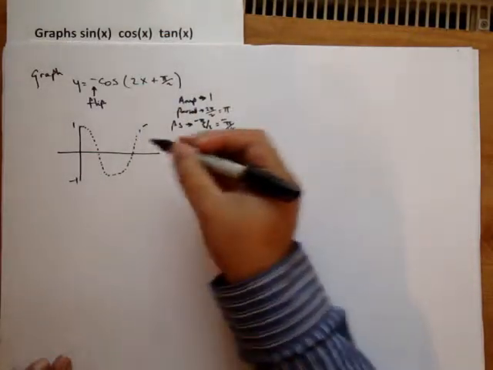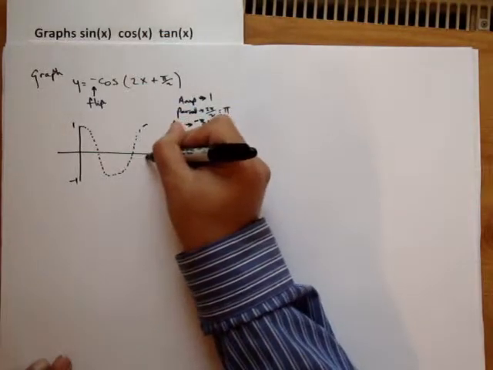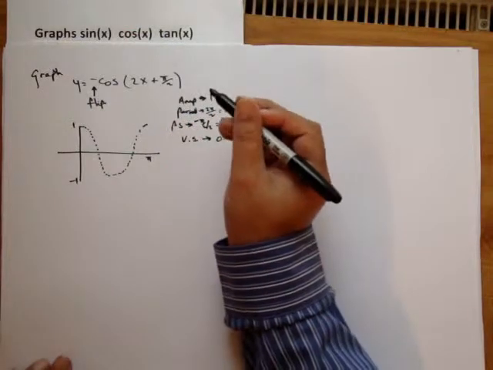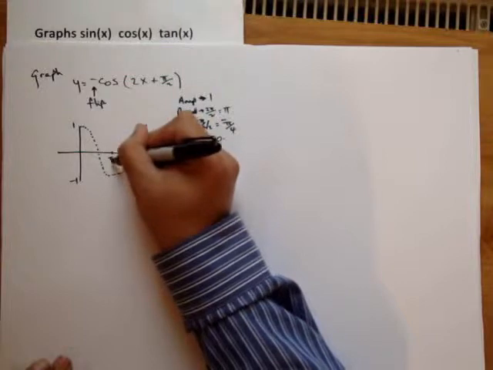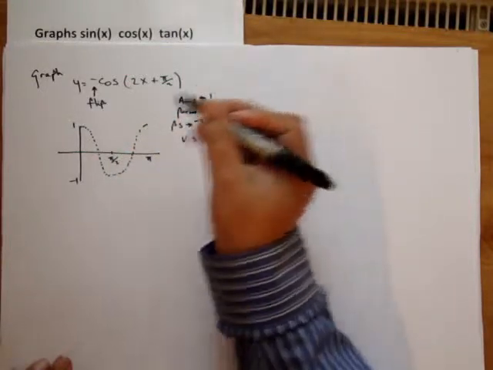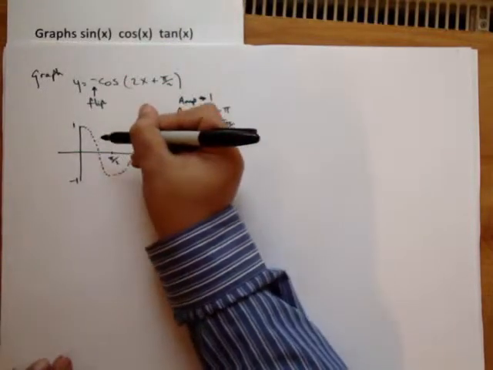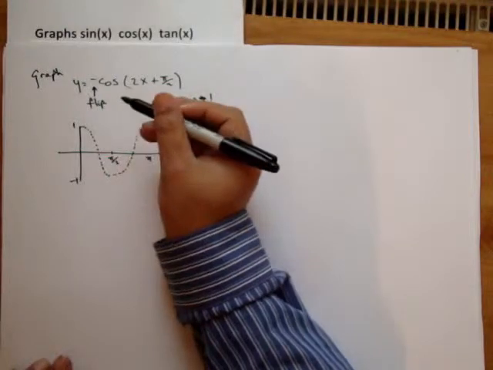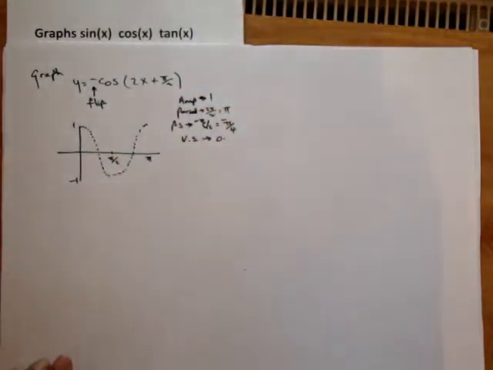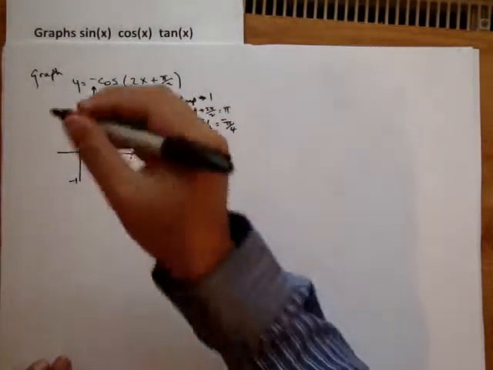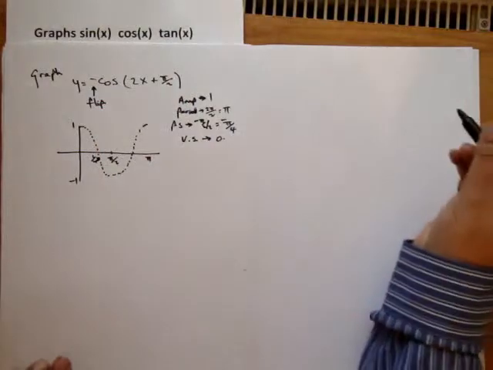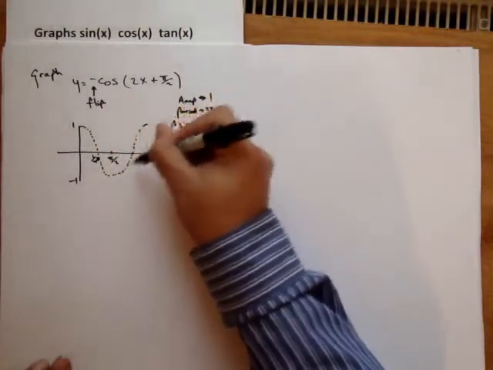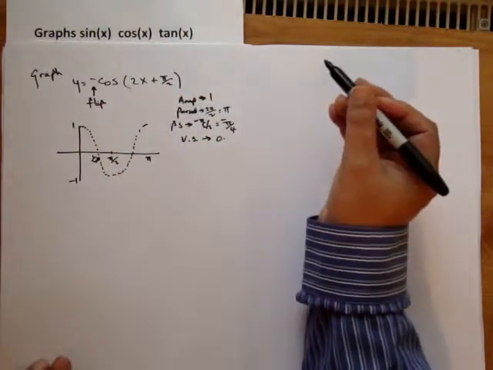Our period is pi. Half a pi is there, pi over 2, and then we have a quarter pi over here. So that's our normal cosine curve.